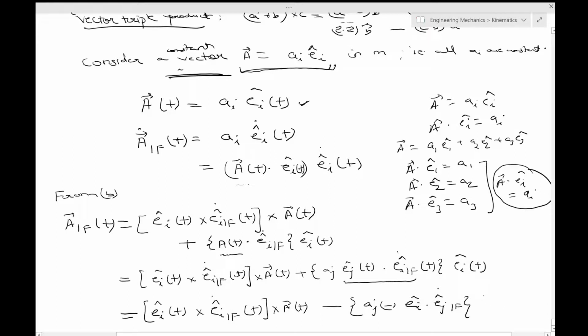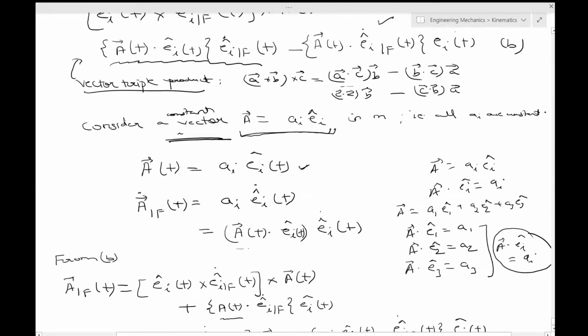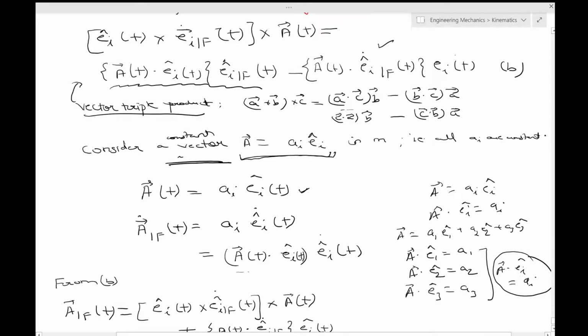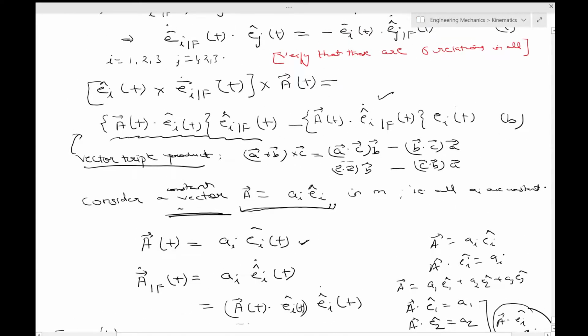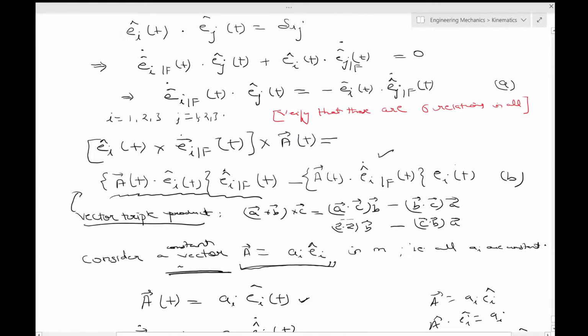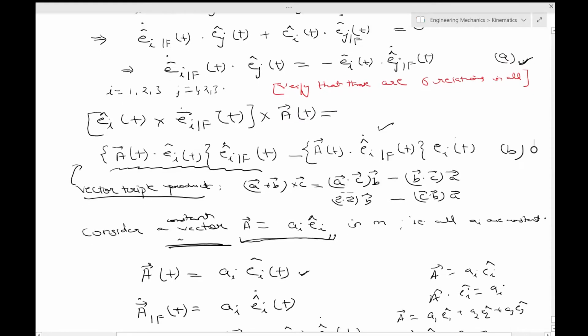This is because of A over here, if you look at A, you will be able to find this one. Okay, so that's the property which we have just used.